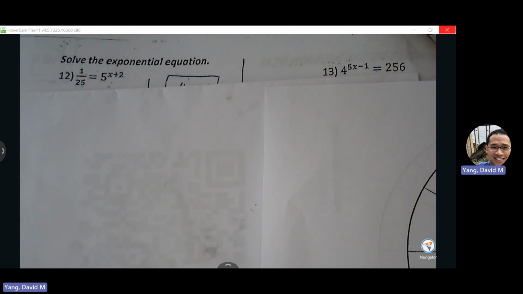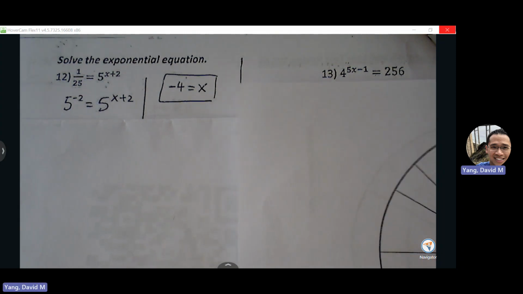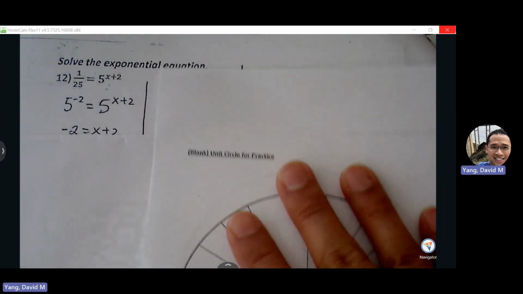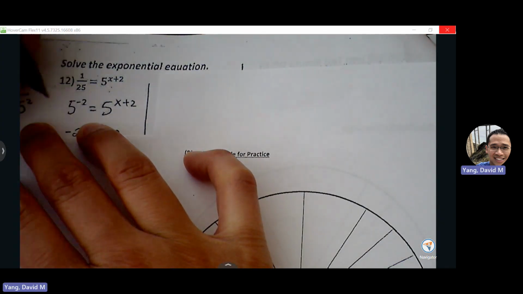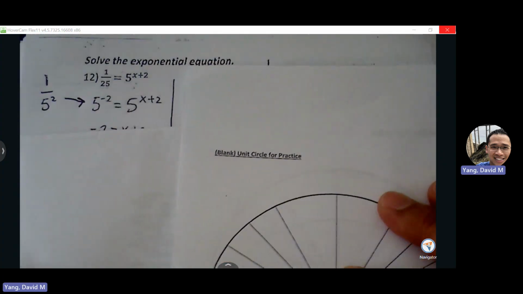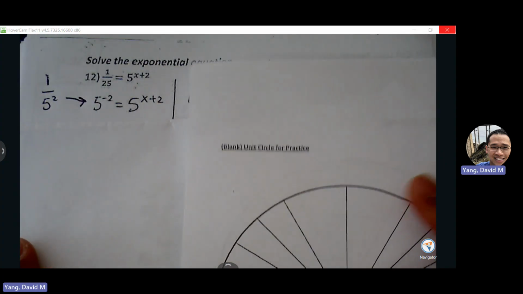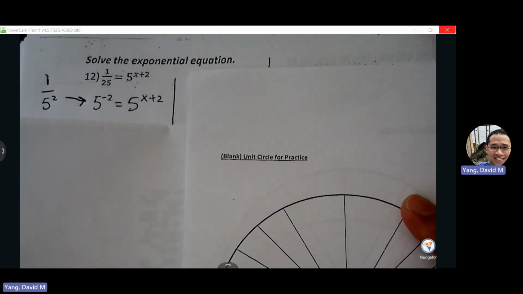So here, the 25 and 5 can be adjusted in a way where they both can share the same base. The right side was good to go, just have to play with that 1 over 25. How can we get that 1 over 25 to be something that's 5 to a power? So you know, 1 over 25 is the same thing as 1 over 5 squared. And then continuing to work with that form, 1 over 5 squared is the same thing as 5 to the negative 2. And now we can drop the bases and just solve for x.